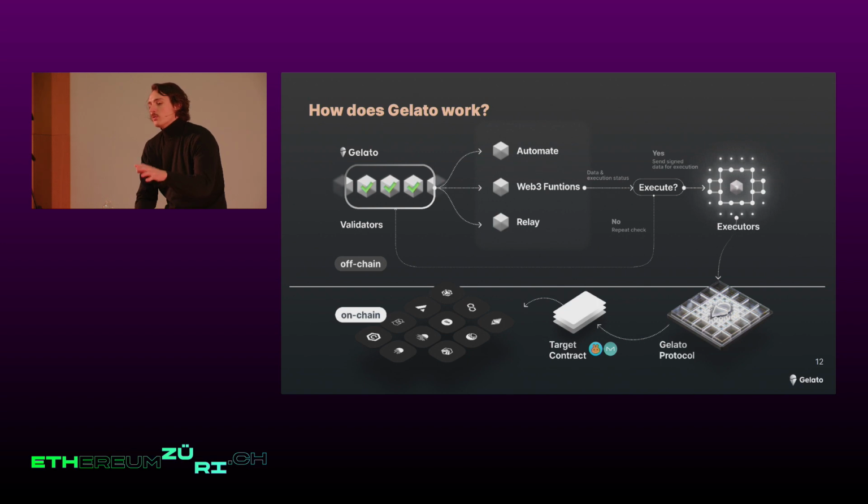The goal for us right now is to make it so that everyone in the world can run these executors to actually send the transactions on chains. The validator set is a bit harder to make completely permissionless because there's some non-deterministic nature to that and some data integrity that is important to uphold.